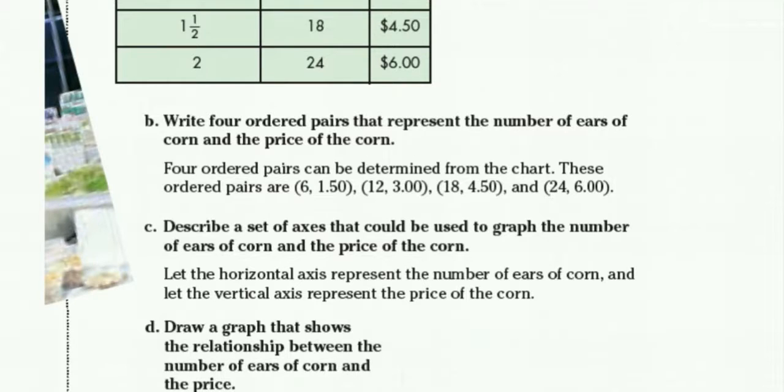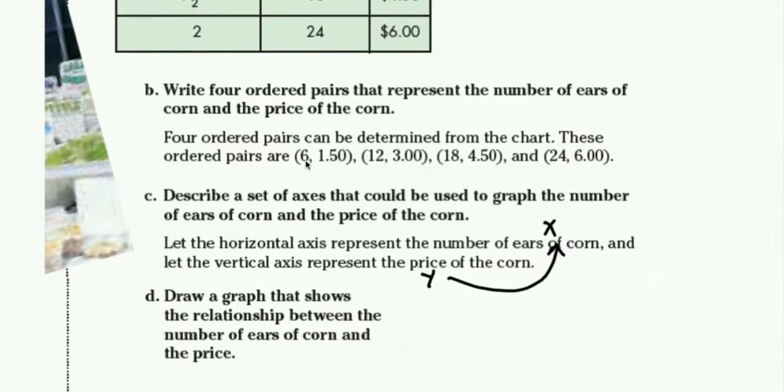So this will be your x-axis right here, and this will be the price, your y-axis, meaning the price will be dependent on the x-axis, or the ears of corn.